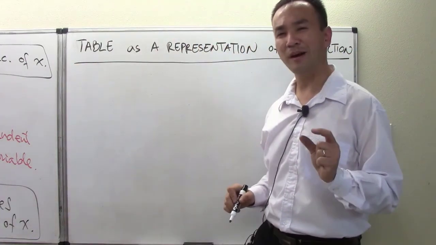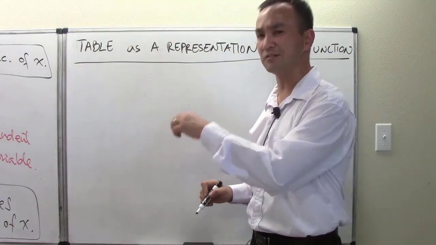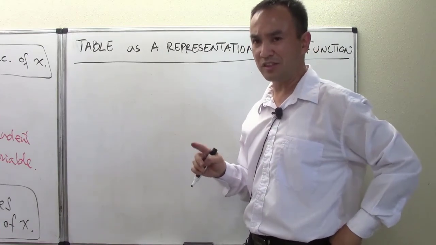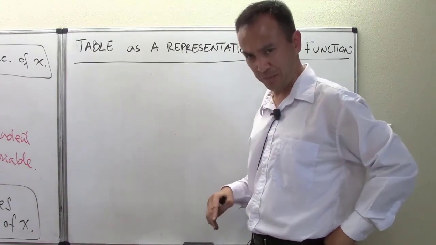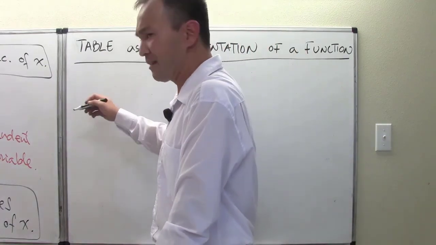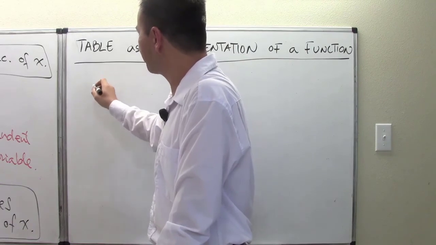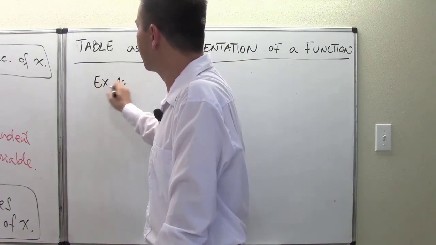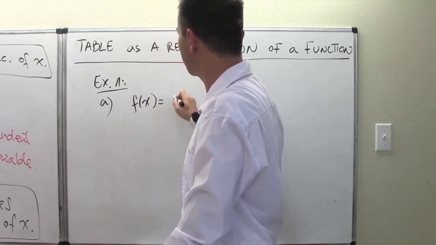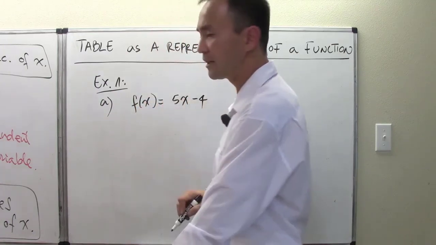It's just all about the idea to organize our function, to make it clear for whoever worked with the problem to see where the input is and where the output is. So let me dive right back at example 1 again. Back in example 1, part A, our function was f of x equals 5x minus 4.